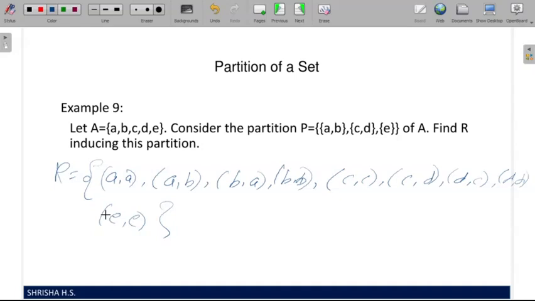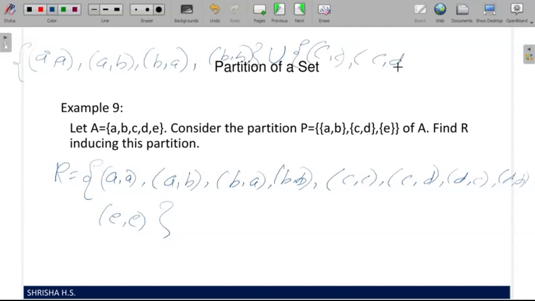If it is a very small question, maybe it will not be given in examination, but still if it is given and you have to fill the page, then write it this way: a comma a, a comma b, b comma a, b comma b, union c comma c, c comma d, d comma c, d comma d, union e comma e.